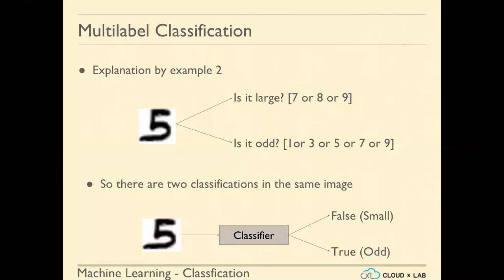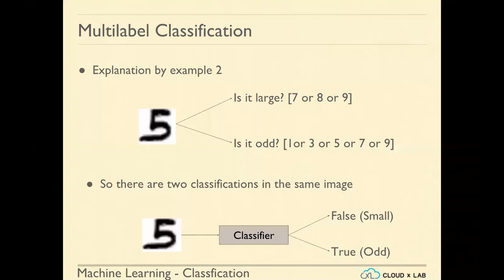So training data would basically have the information about both the things. On the left hand side is capital X, and on the right hand side is small y. Small y would be an array of booleans representing whether a particular label is available or not.